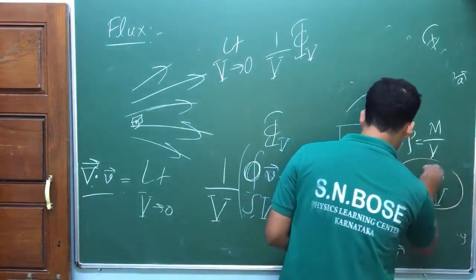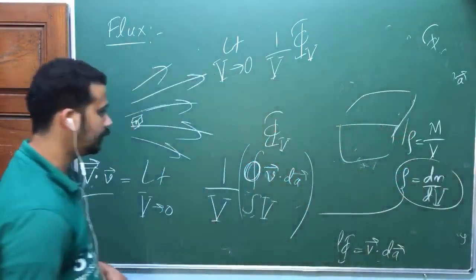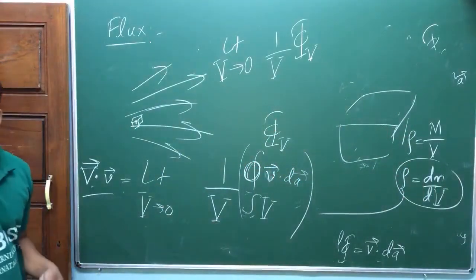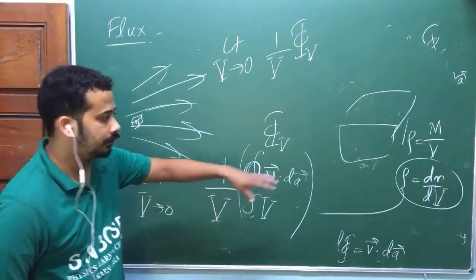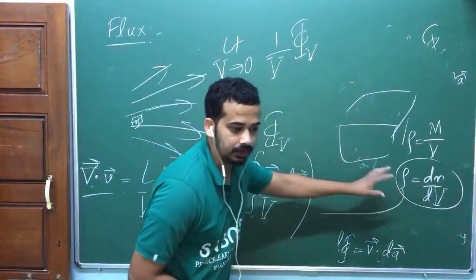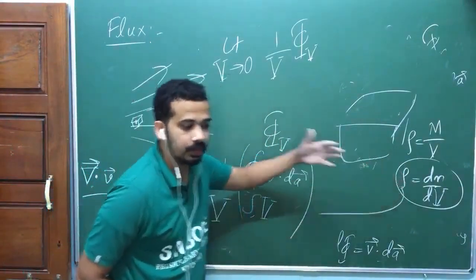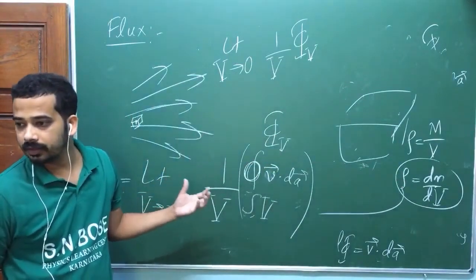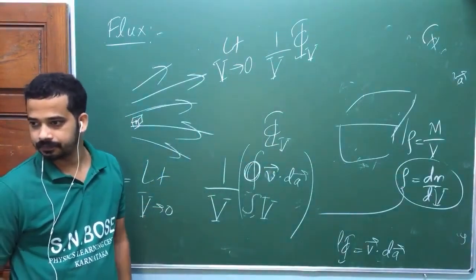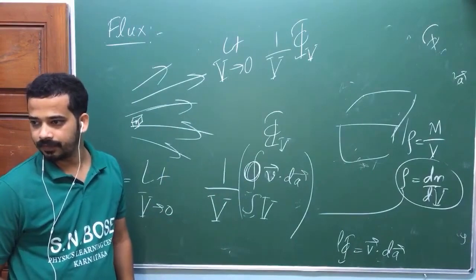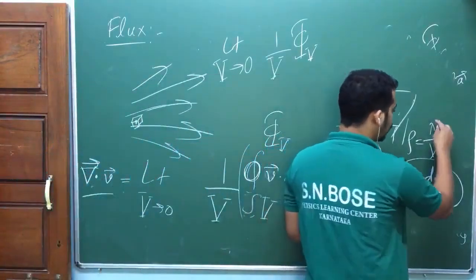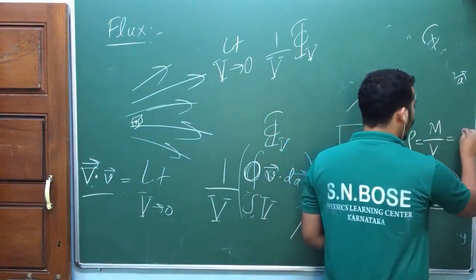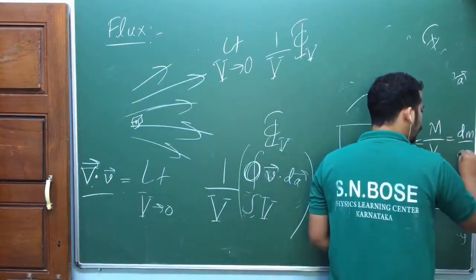So this is what I was trying to write here by taking that limit. By taking that limit, I want to write a similar thing: the density, which is a mass density here. Here it is a density of the flux. If mass is uniform, you can write total mass by total volume, or small mass by small volume.